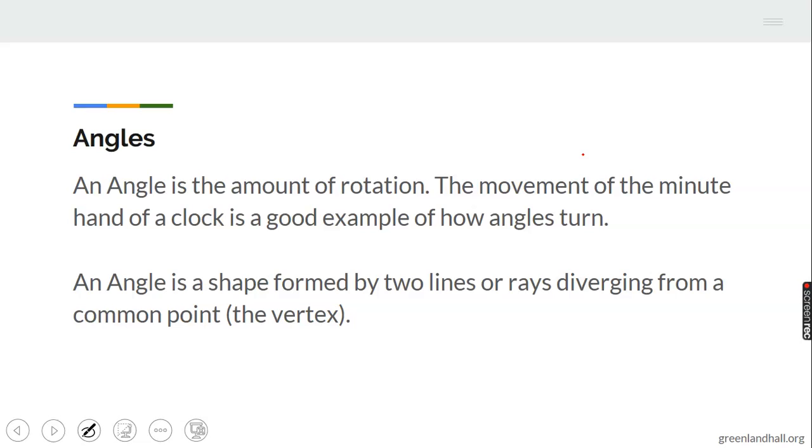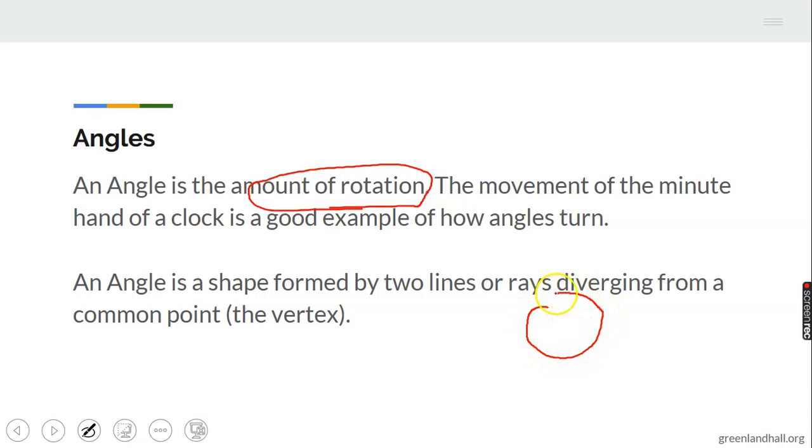What is an angle? An angle is the amount of rotation. Amount of what? Rotation. Now let's quickly explain better. The movement of the minute hand of a clock is a good example for you to know how angles turn. You know the clock.